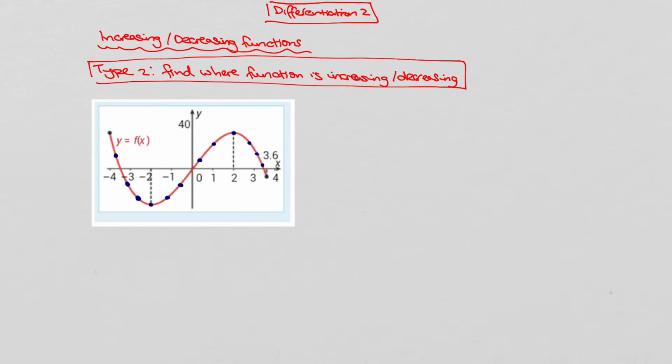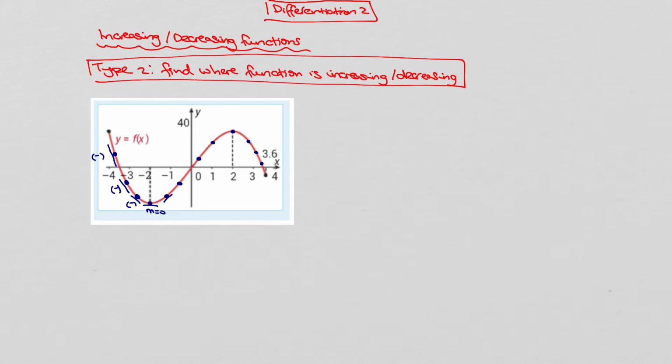But if I draw a tangent at each of those points, we can see something interesting happening. The slope is negative, negative, negative. And at the bottom here, the slope is 0.